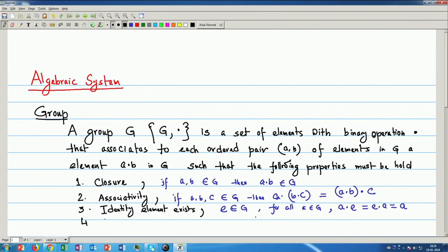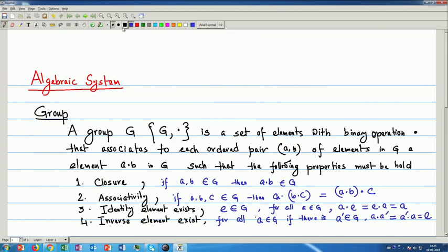Now, in addition, if the system has an inverse element, that means for all A belongs to G, there is an element A dash belongs to G such that A dot A dash equals A dash dot A, which is the identity element only.